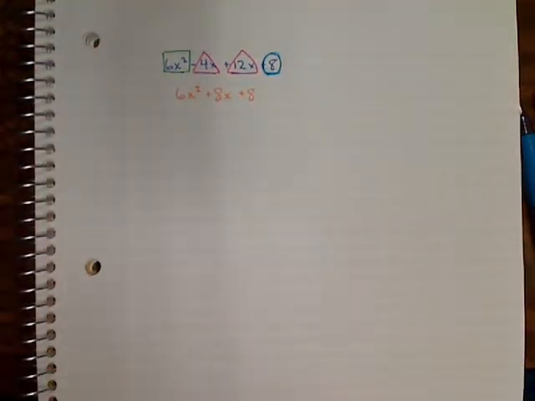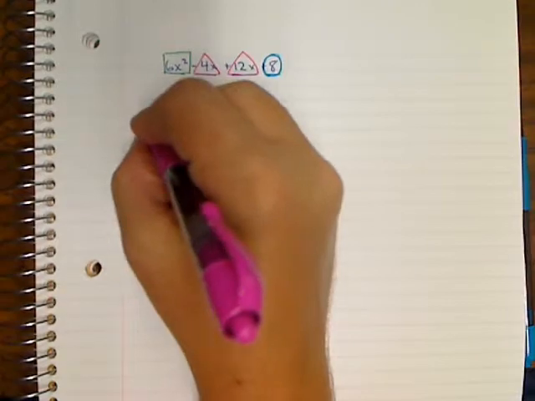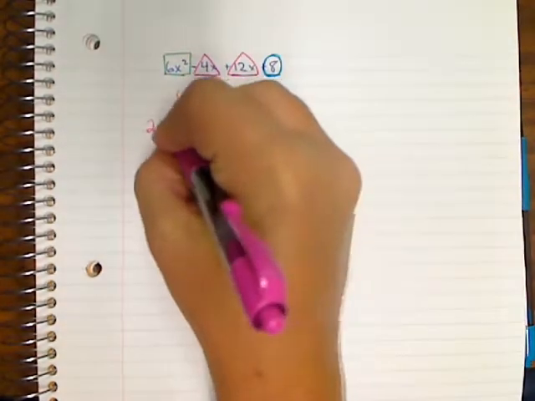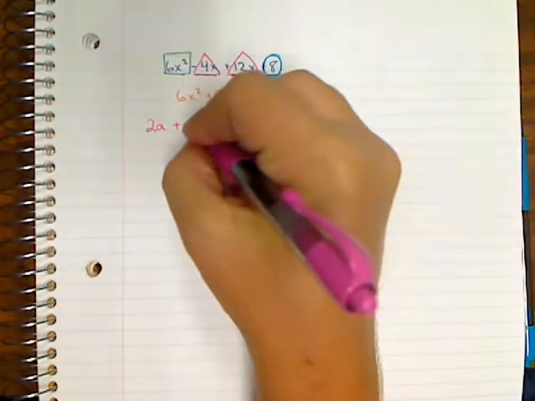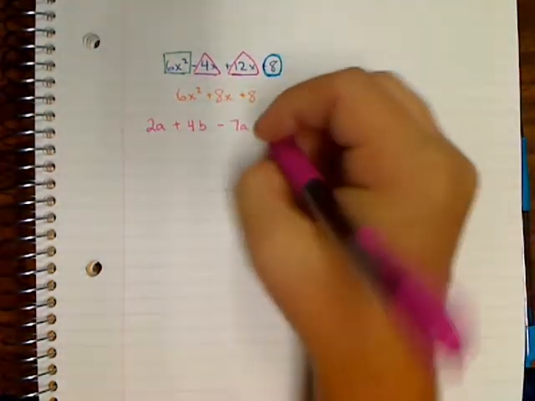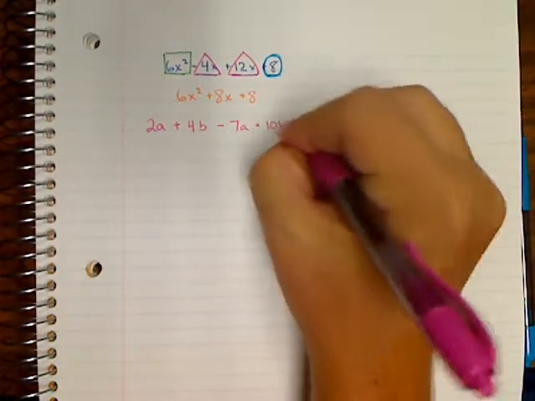Okay, you can also see this with multiple variables. So say I have a problem that says 2a plus 4b minus 7a plus, I don't know, 10b.